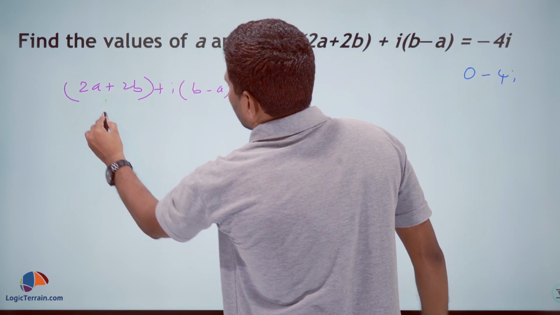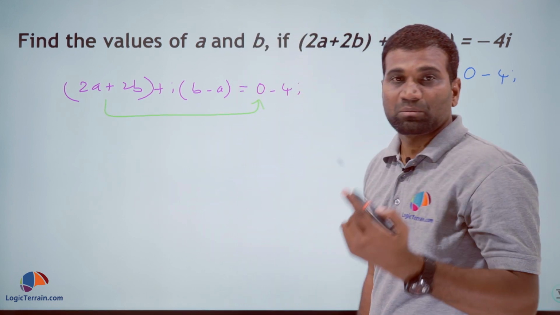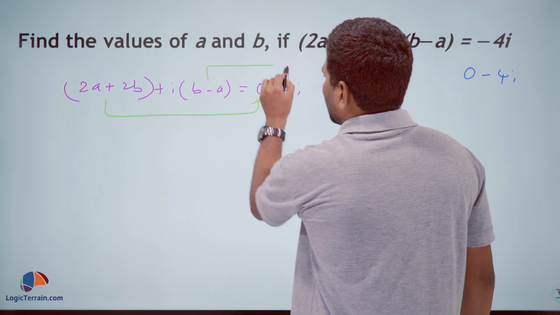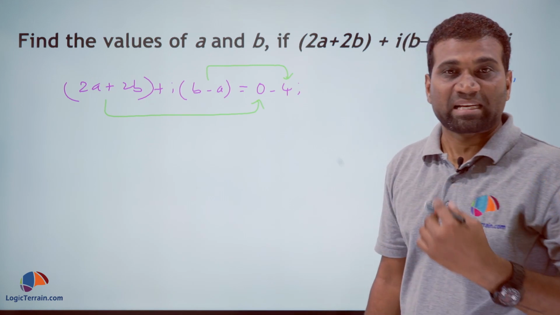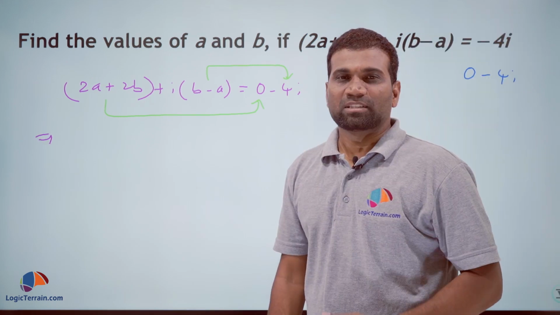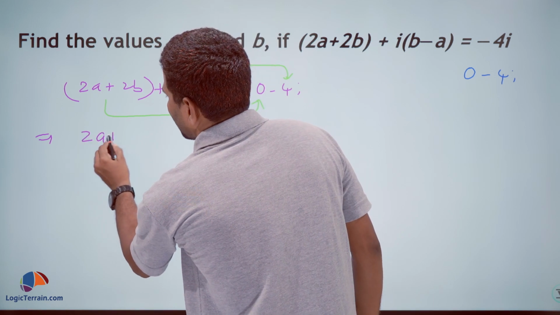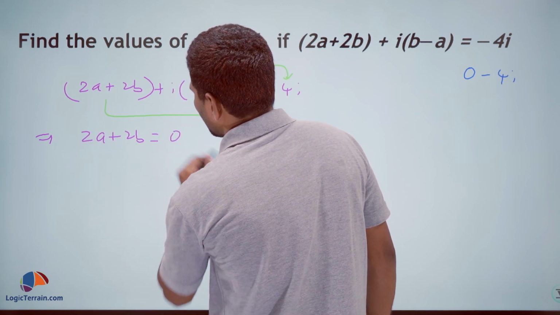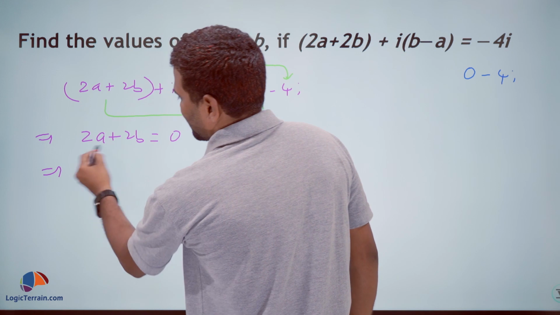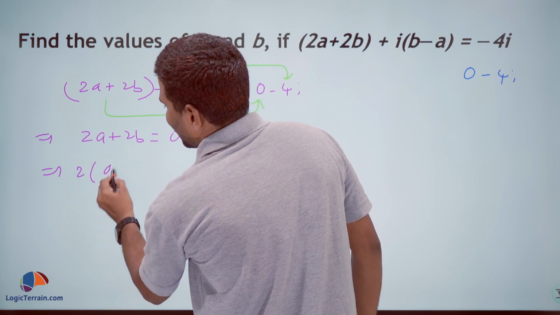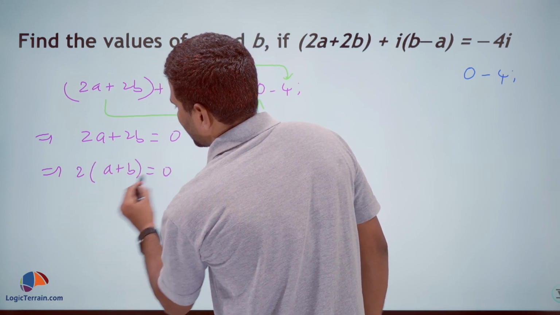We know this real part is equal to this, and this imaginary part is equal to this. Further, if you equate the real parts, 2a + 2b = 0, taking 2 common, a + b = 0.